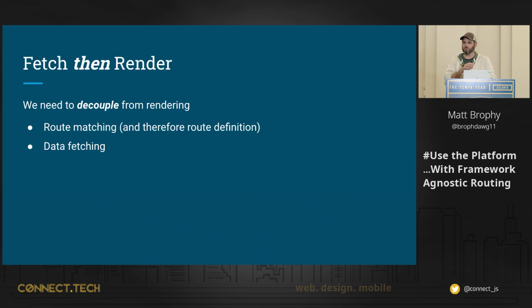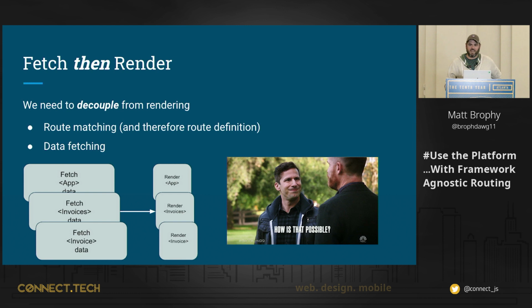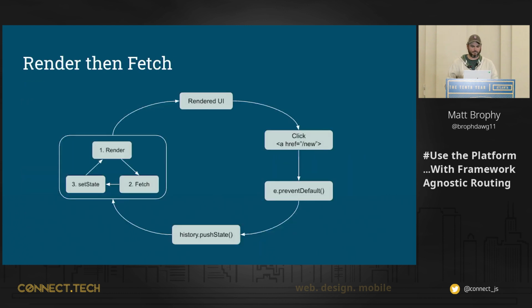We need to know what routes are available in order to match them. And we want to decouple data fetching. So if we can get all of that out of our rendering, we can make our flow look a little more like this, where we can fetch things presumably or optimally in parallel, and then we can render everything in one pass without blocking at the render step. So the question is, how do we accomplish that?